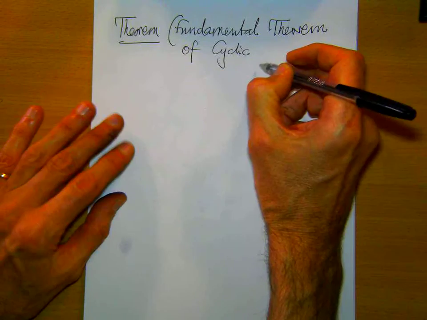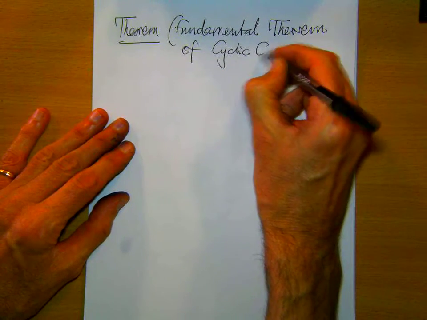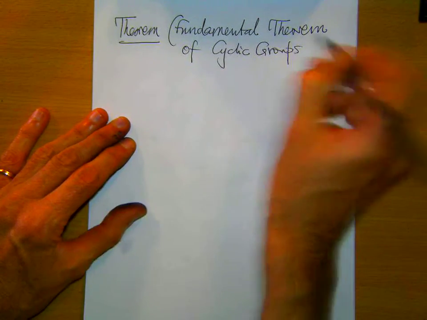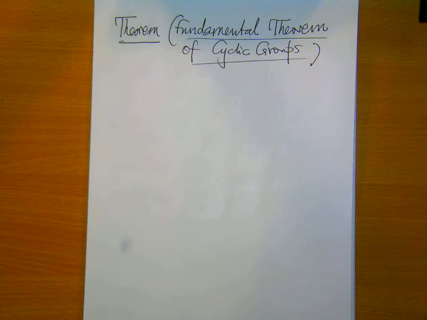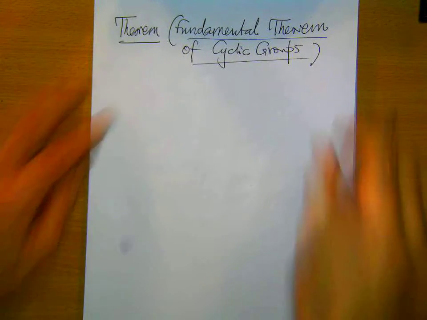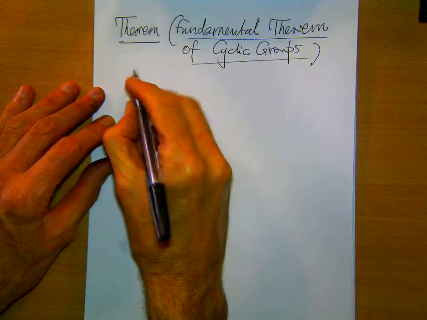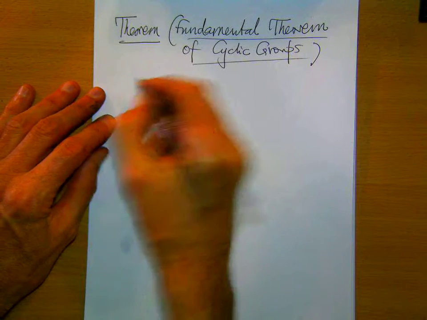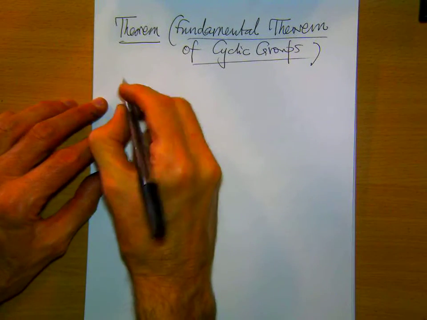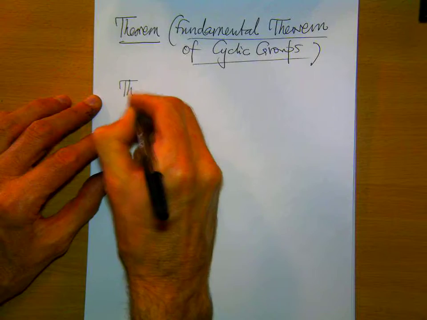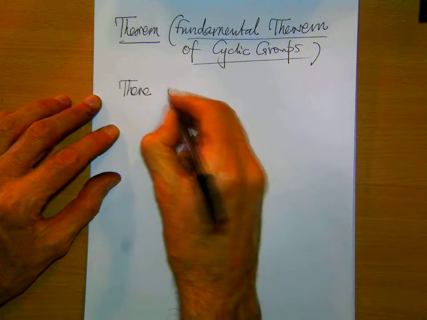You might want to call it the fundamental theorem of cyclic subgroups, but different people call it slightly different things. Some people would include the result that we've just done, that every subgroup of a cyclic group is cyclic. They would include that in here. But I will just state it as follows.